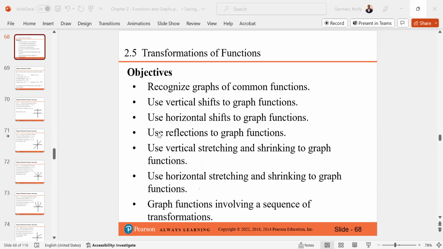We're going to recognize some graphs of common functions, use vertical shifts to graph functions, use horizontal shifts to graph functions, use reflections to graph functions, use vertical stretching and shrinking to graph functions, etc. So these are the objectives for this section.